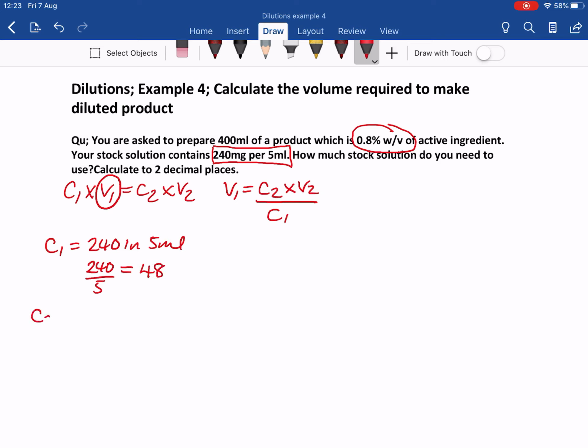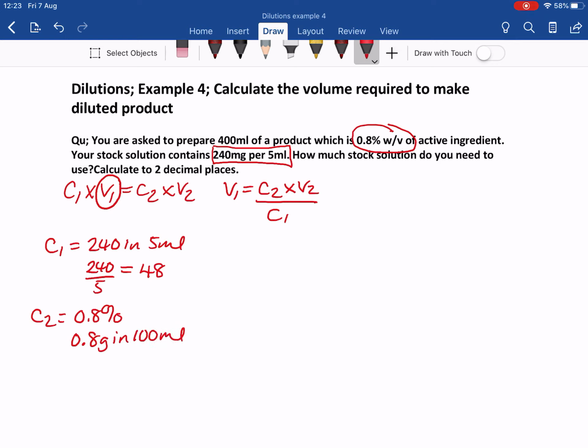To calculate C2, we're told that this is 0.8%. So we need to convert that to milligrams per ml. If I could just remind you that 0.8% means 0.8 grams in 100 ml.